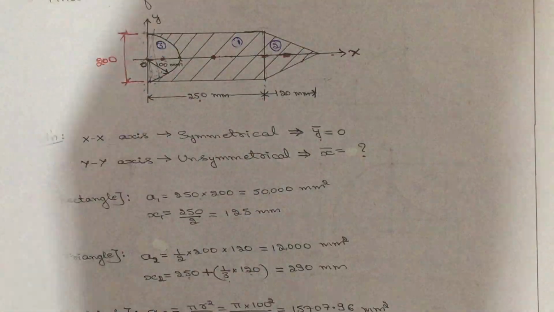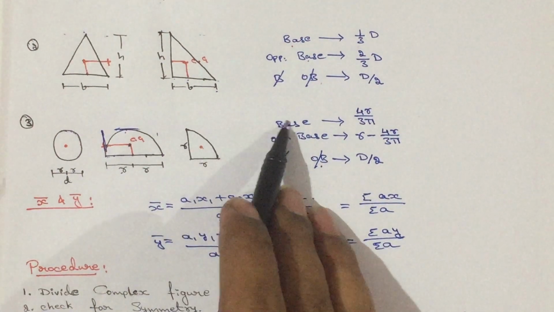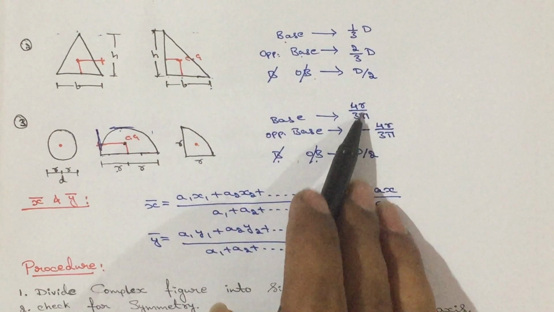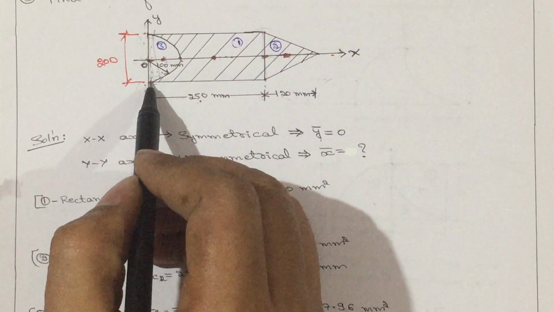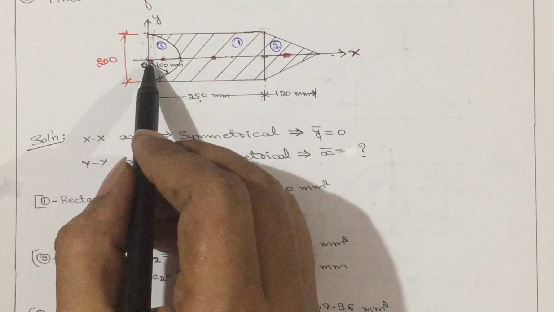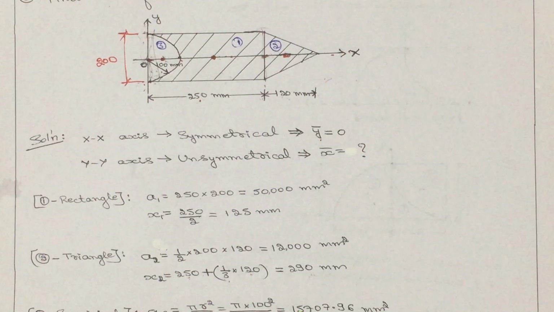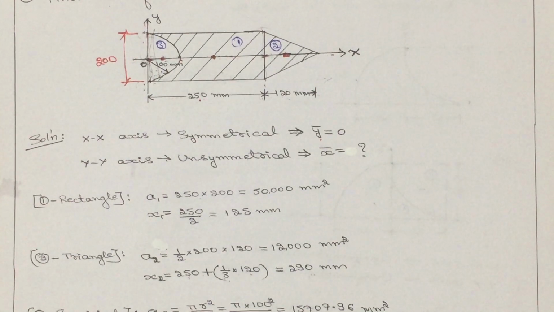For a circle, semicircle or quadrant of a circle, we need to go from the base or opposite to the base. From the base side, it is 4r by 3 pi. Here we have an exactly vertical line, so from here to the centroid it will be 4r by 3 pi. It is positive. Substitute the values and you will get the results.